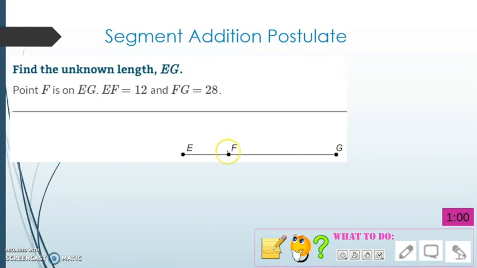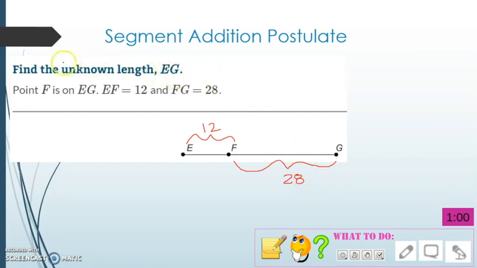It tells us that point F is on that line segment EG, which we can clearly see in the diagram, and that EF is equal to 12 right here, and that FG is equal to 28.